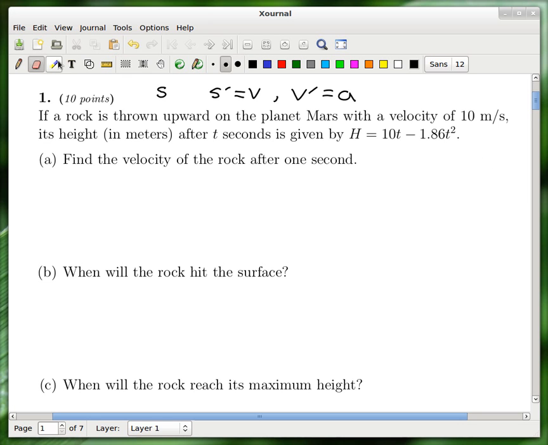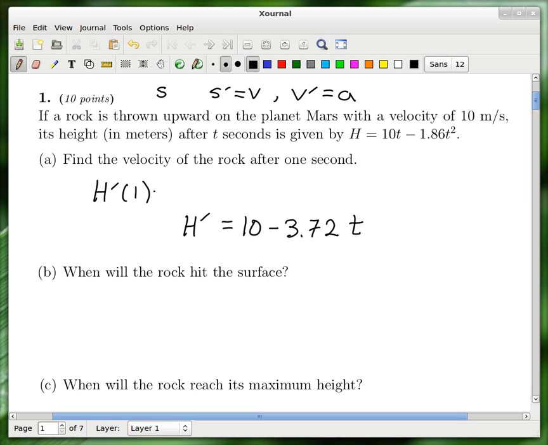So A says, find the velocity of the rock after 1 second. What could be easier? It's just h prime of 1. But what is h prime of 1? I guess we should find h prime. That's going to be 10 minus, the 2 comes down, and 2 times 1.86 is 3.72.